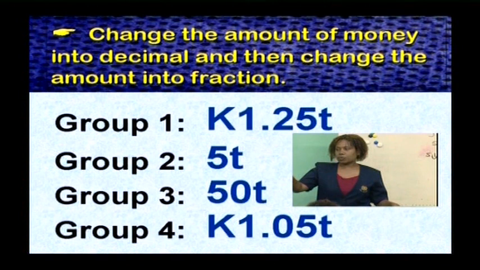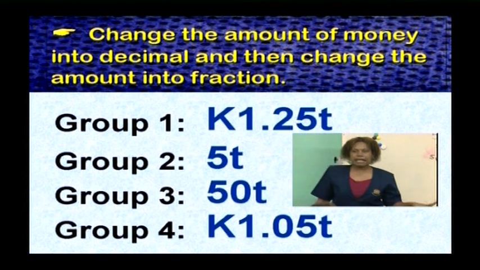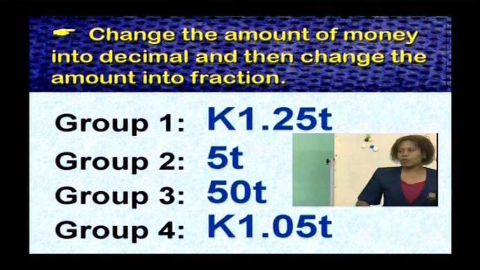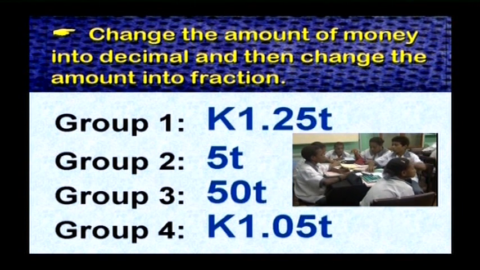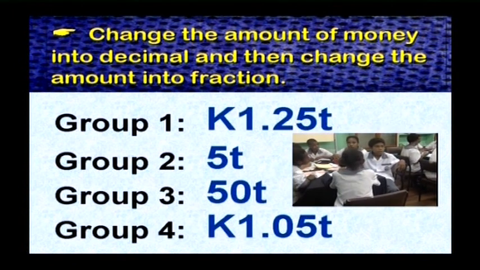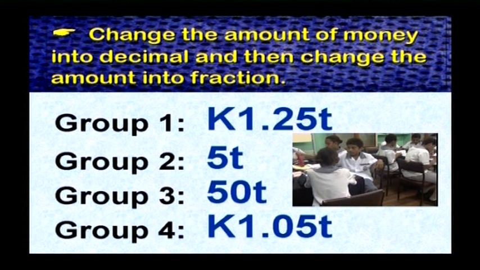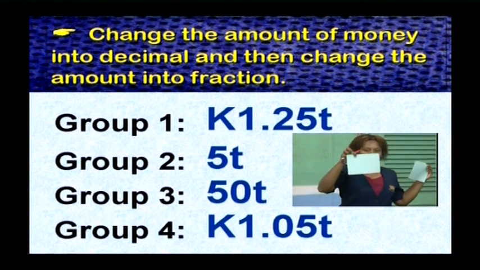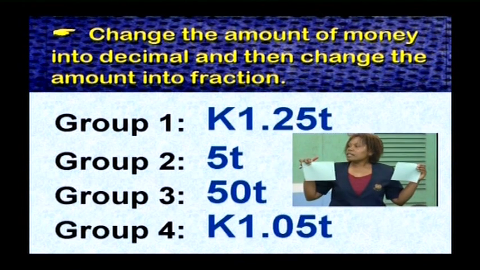I've given you 2 pieces of paper. Write that amount of money in decimal on 1 piece of paper, and on the other piece of paper you write it in fraction.